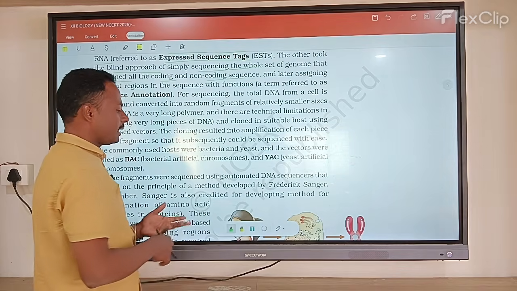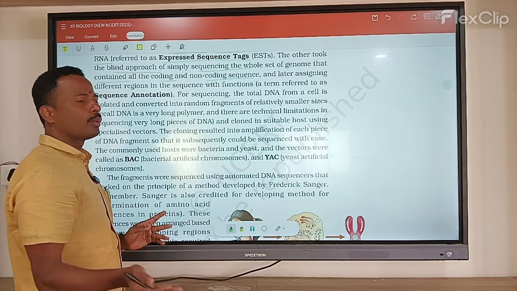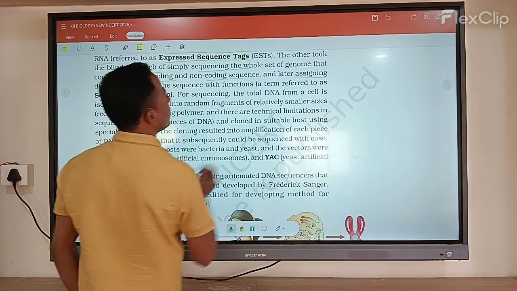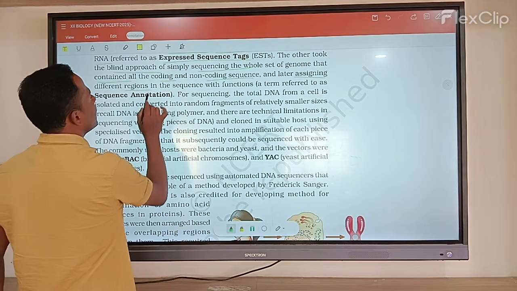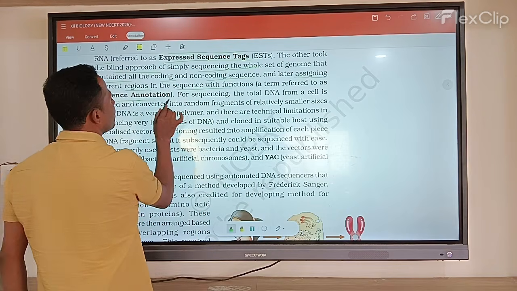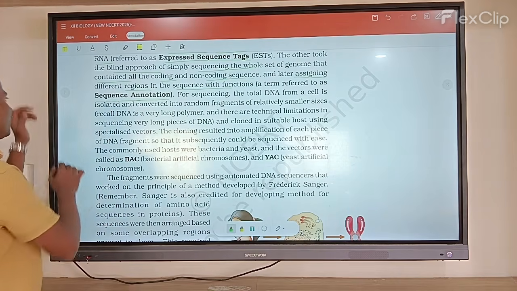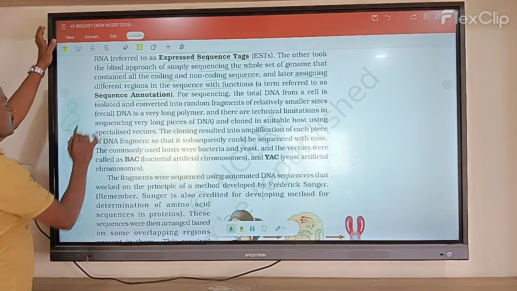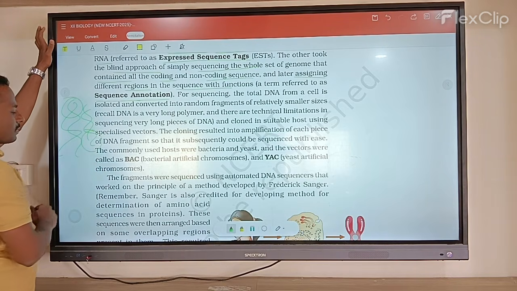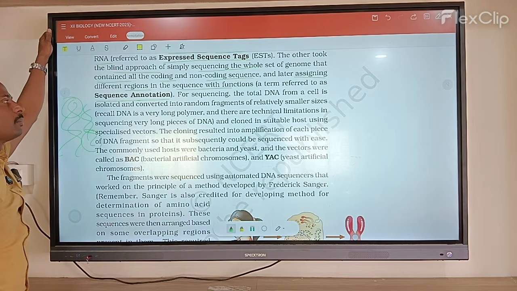For example, in this DNA, both coding and non-coding regions are present, and they are separated individually. Later comes assigning functions to the different regions in the sequence. For example, sometimes the DNA sequence is here, sometimes here. In the different regions the DNA gets modified. That is called sequence annotation.